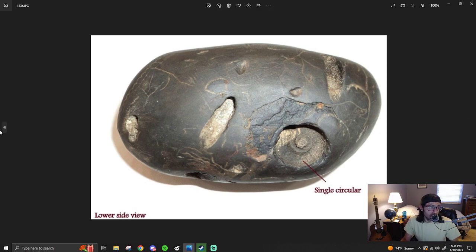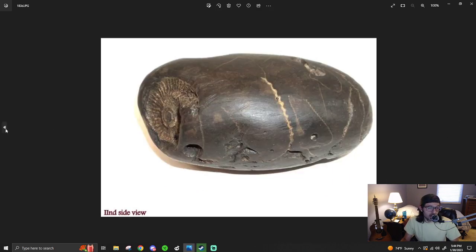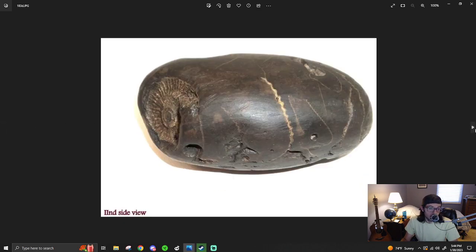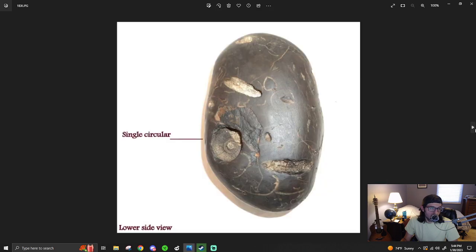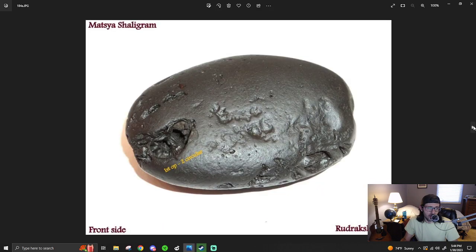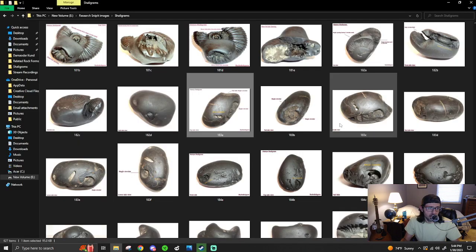Okay, as cool as this one is, I really don't know what else to say about it right now, except several features that really demonstrate it cannot be caused by fossilization. Like this, I didn't mention that. This thing looks like it's pretty much in line with the other.